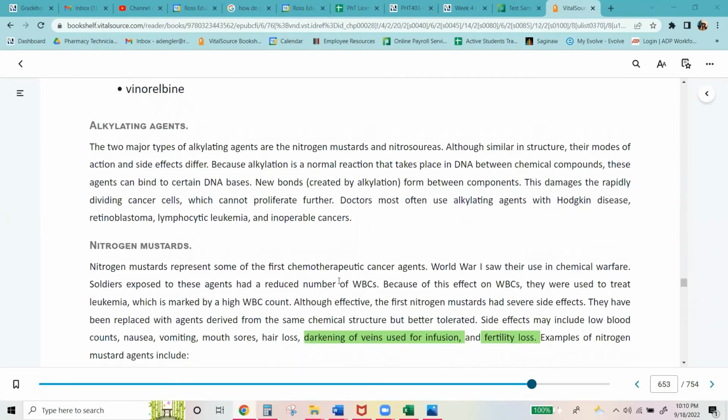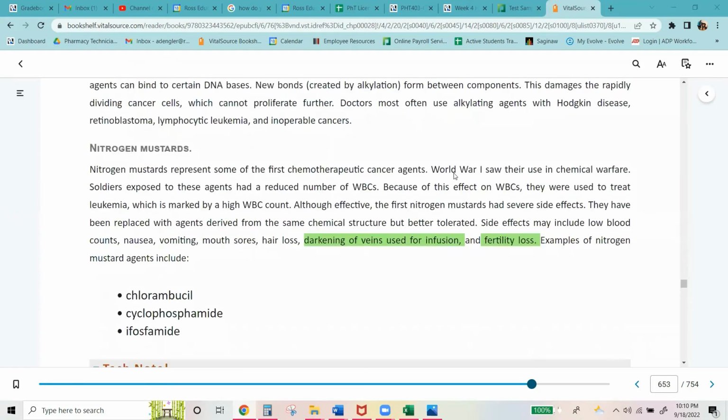The two major types of alkylating agents are the nitrogen mustards and nitrosoureas. Although similar in structure, their modes of action and side effects differ. Nitrogen mustards represent some of the first chemotherapeutic cancer agents. World War I saw their use in chemical warfare. Soldiers exposed to these agents had a reduced number of white blood cells.